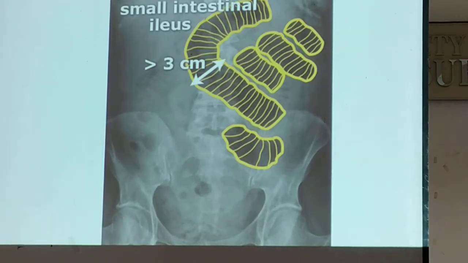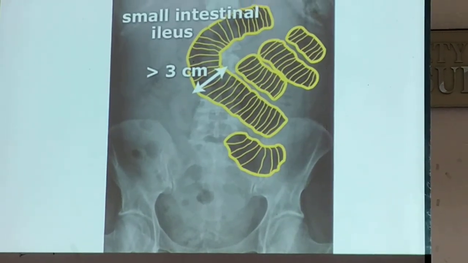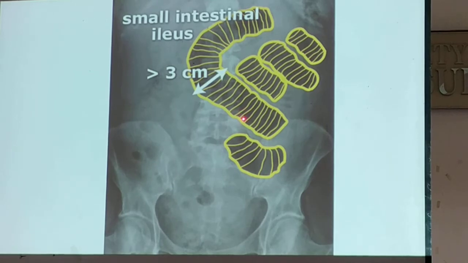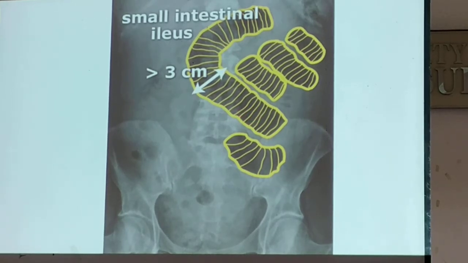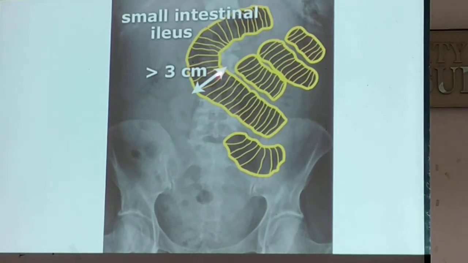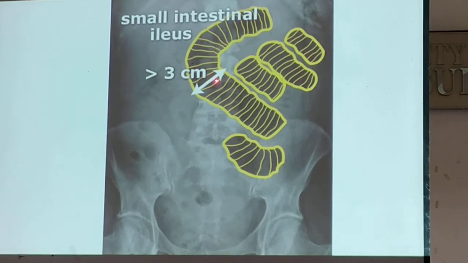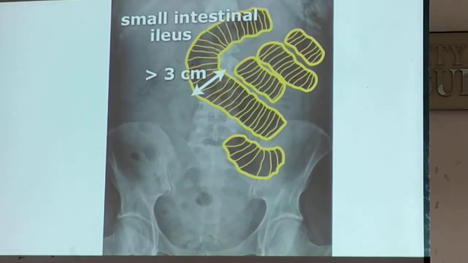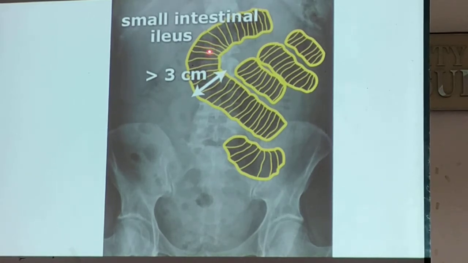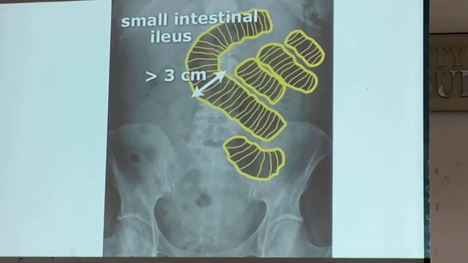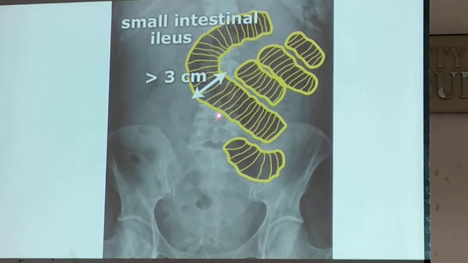So this is an illustration of your small intestine. So normally it should be 3 cm. If it goes beyond that, then that is already abnormal. Okay? Again, there would be valvulae conniventes.